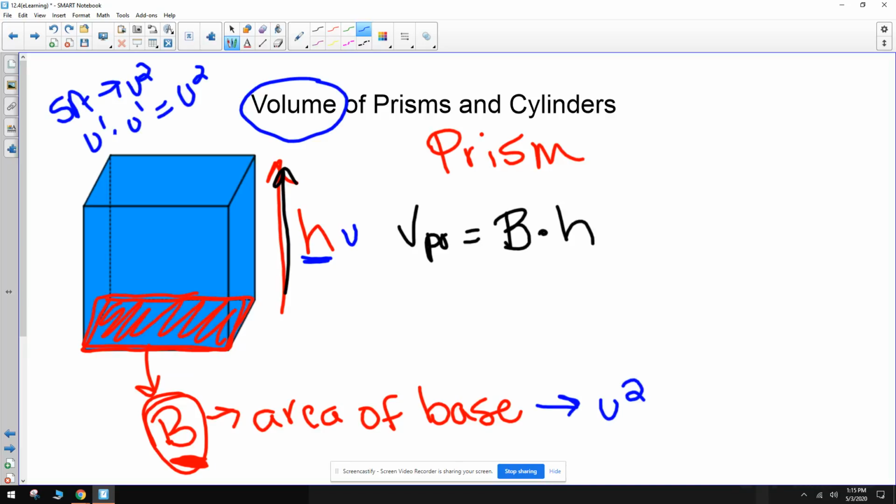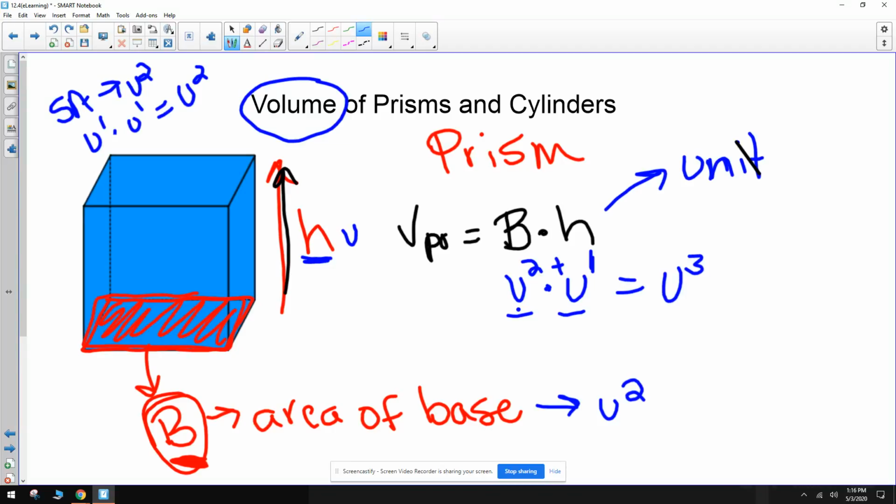So that's just a U. When I go to multiply these two together, we need to remember our exponent rule. If I have the same base and I multiply, I actually add the exponents. So I'm adding 1 because there isn't an exponent, so it's always 1. So 2 plus 1 becomes units cubed. So our answers are going to have units cubed on it. When we do volume, make sure you put units cubed, and that is why.